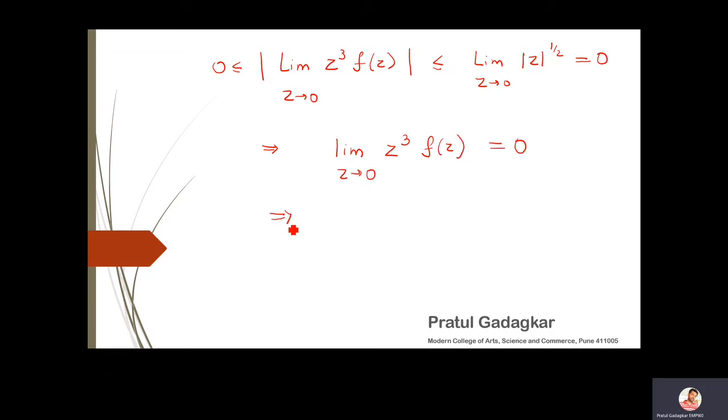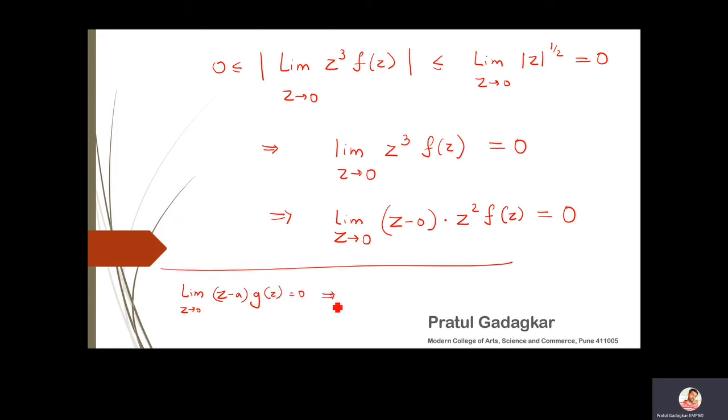Now, what is the meaning of this? If I look at this carefully, this means that the limit z tending to 0, z minus 0 into z square f z, so I've separated one z outside, will be equal to 0. So what does this remind me of? This reminds me of a theorem saying that if the limit z tending to a, z minus a into g z, is equal to 0, then z equal to a is a removable singularity of g z.